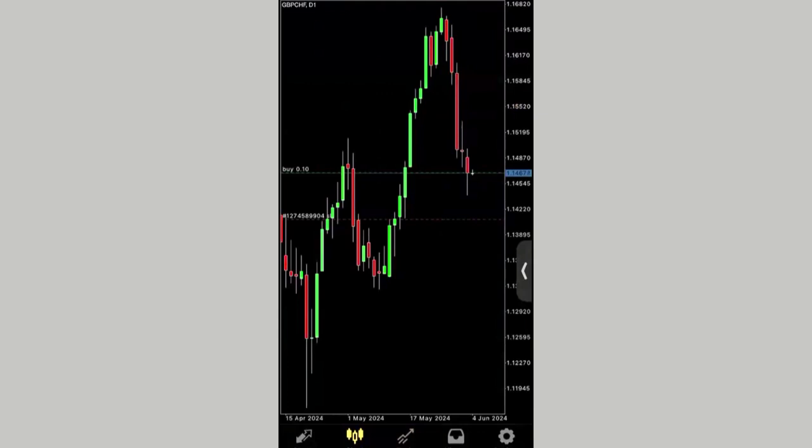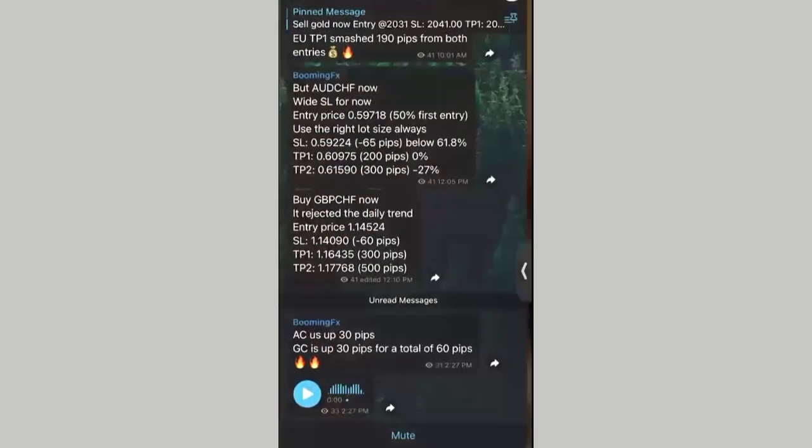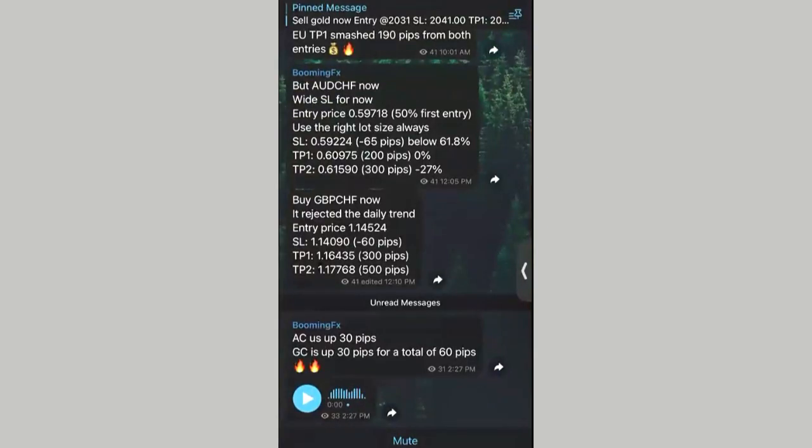The last topic before we go over everything else, what Zach touched on: your entry price in the market and how much you're going to be risking. If Mino says the entry price is 1.14524 for GBP CHF, that's the entry price for his entry on his phone.